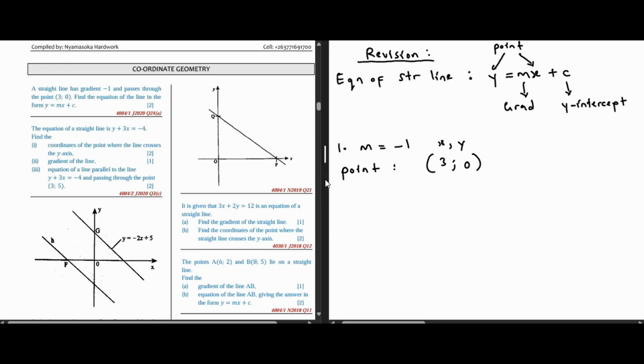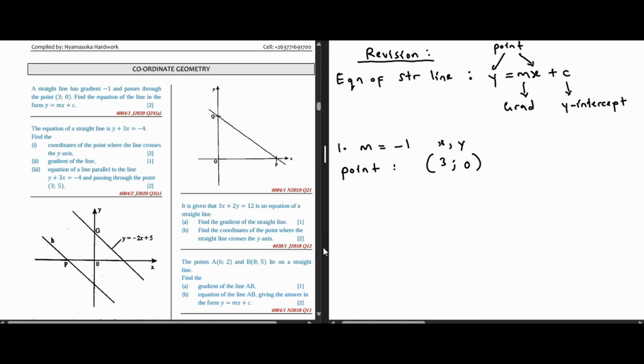We take the x from the x-axis and the y from the y-axis. Are you familiar with this? That when we say point, what does it mean, and what do x and y mean? Okay, so that is what we are given.